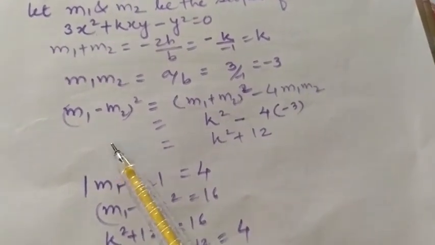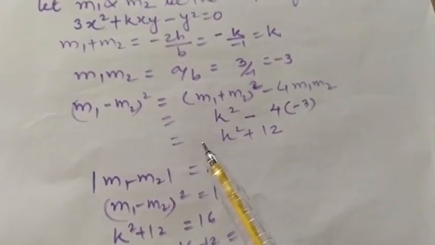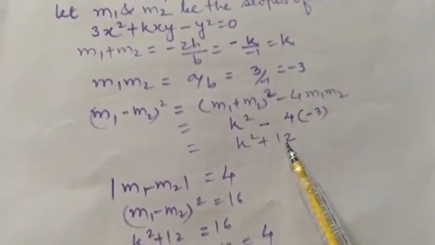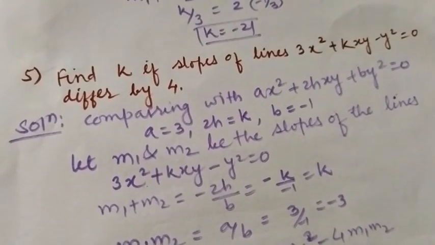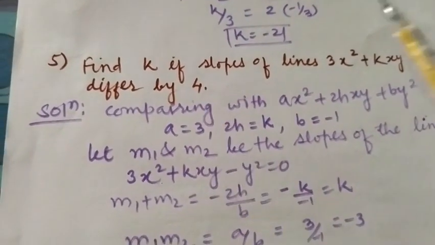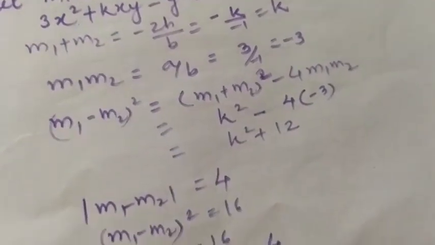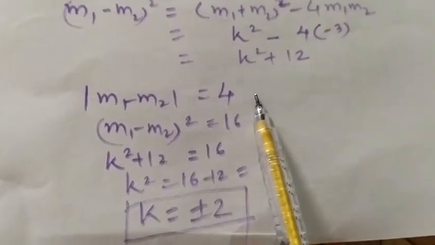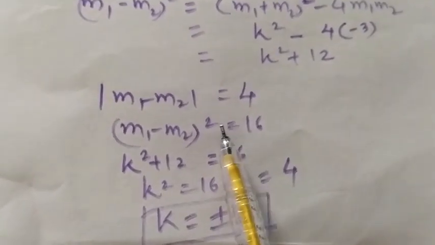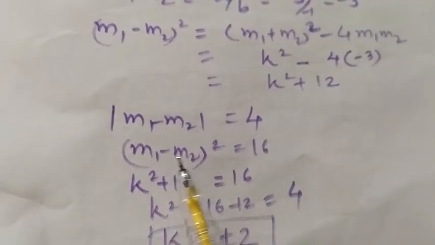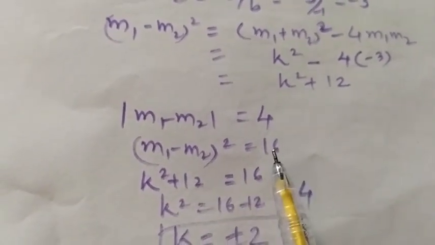So the value of m1 minus m2 whole square we have calculated is this, but in the given problem the slopes of the lines differ by 4, that is the difference between the slopes is given as 4. So if we square this, m1 minus m2 whole square is 4 square, which is 16.